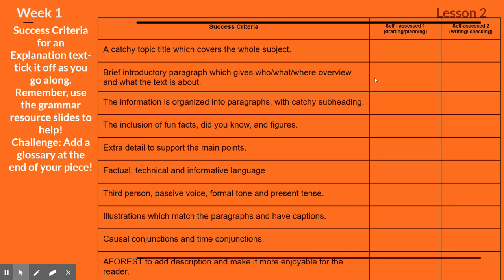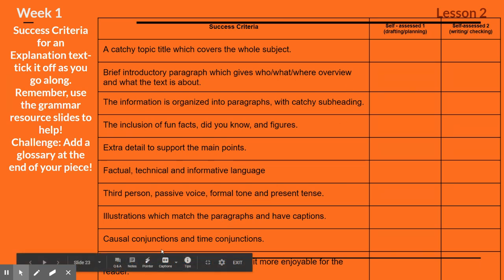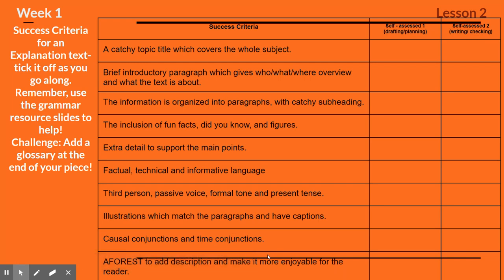So as you can see here at the bottom, the last sort of 5: factual technical information, third person passive voice, formal tone and present tense, illustrations, causal or casual conjunctions, and aphorisms, etc. They can all be found in your grammar resource. And now I have given you your own teaching point to take you through the grammar resources. And each of them are explained in a lot of detail with videos and activities. Please go through them before you go through any of this.